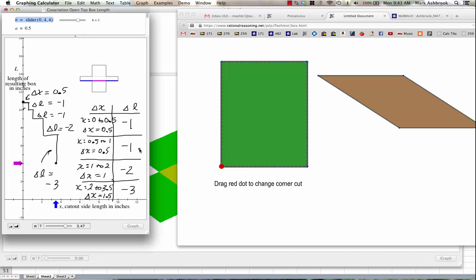Somebody else, what was another perspective on constant rate, and how do you see it at work here? Somebody new. What's your name? Sarah.